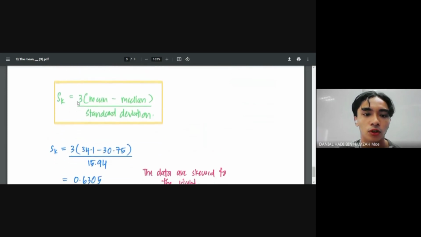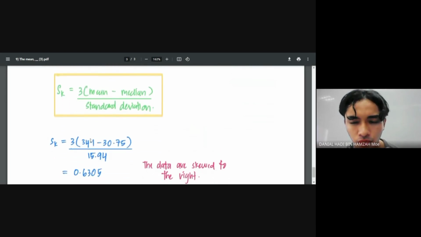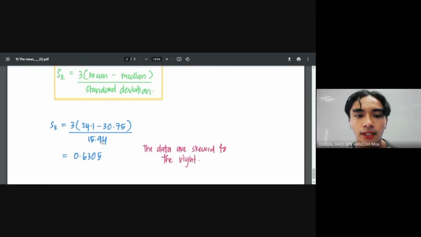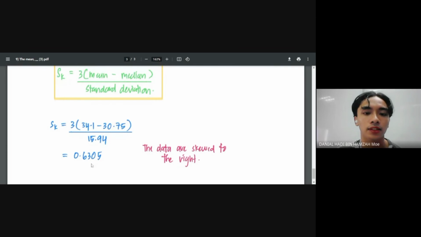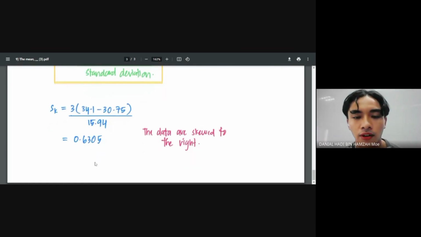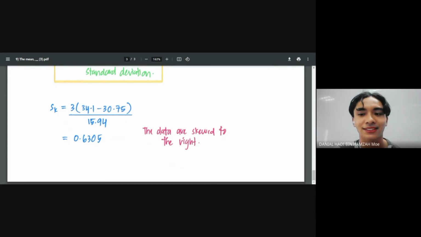So Pearson's coefficient is equal to 3 multiplied by 34.1 minus 30.75, over our standard deviation, which is 15.94, and directly we can get the value of Pearson's coefficient, which is 0.6305. From the value just now, the data are skewed to the right because the mean is greater than the median. That's the end of the question.